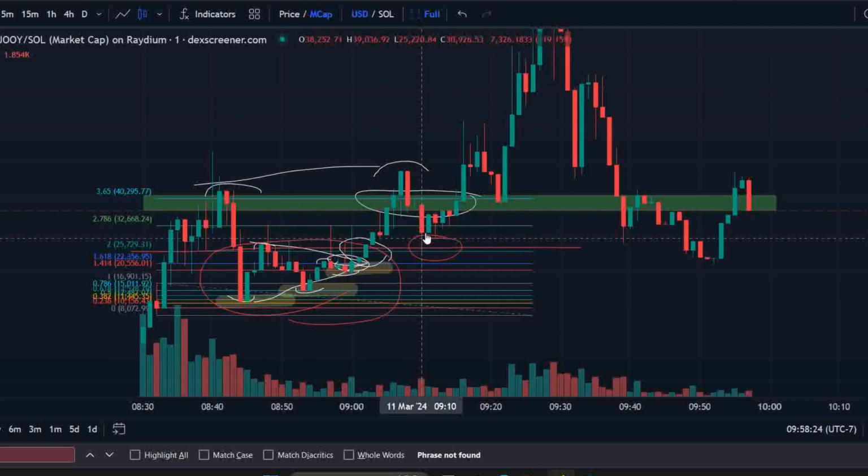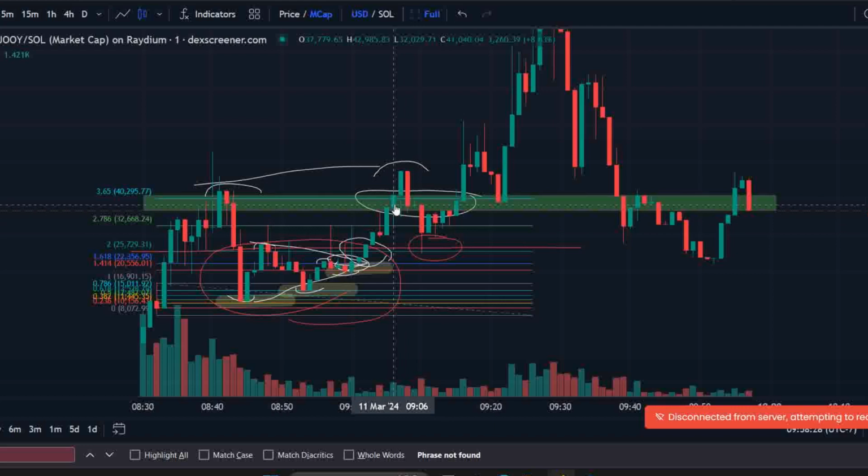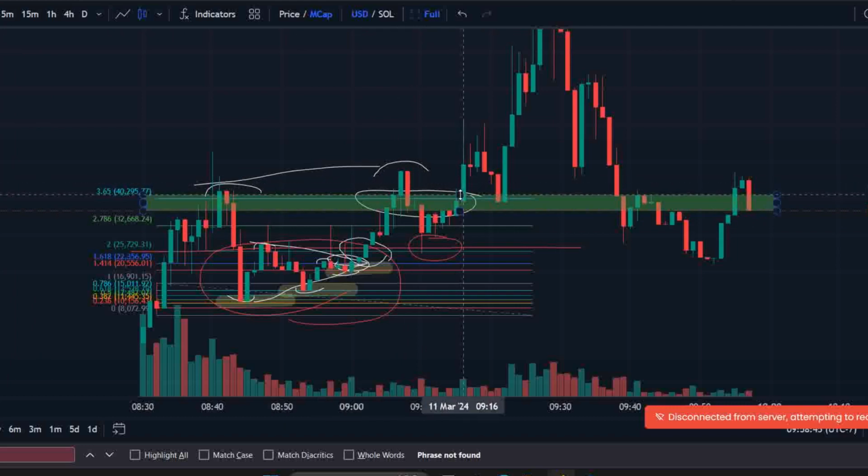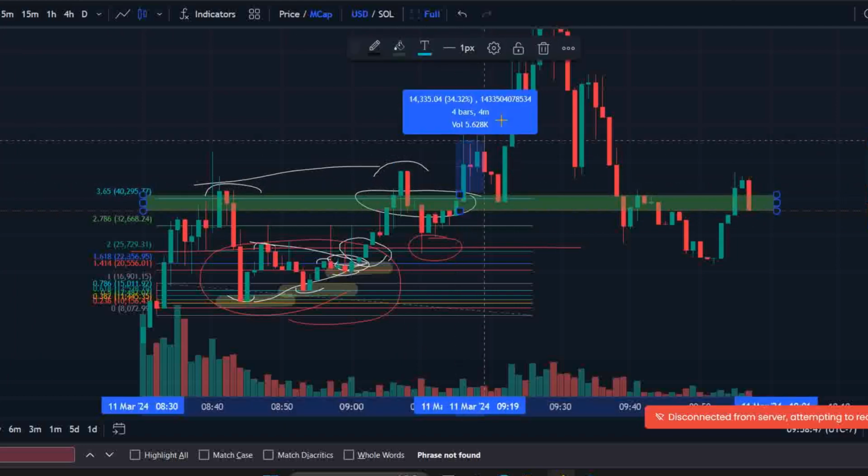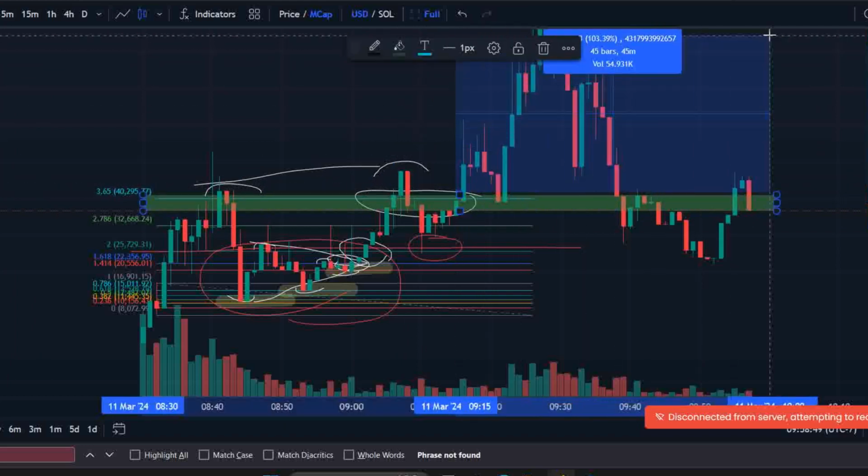Then you can consider, if you see at least one or two candles closing above the 3.65, so it creates a higher high, right? You can wait for another drop, doesn't matter where, but even if you just get back into the trade right here, again, it's a nice big move, right?